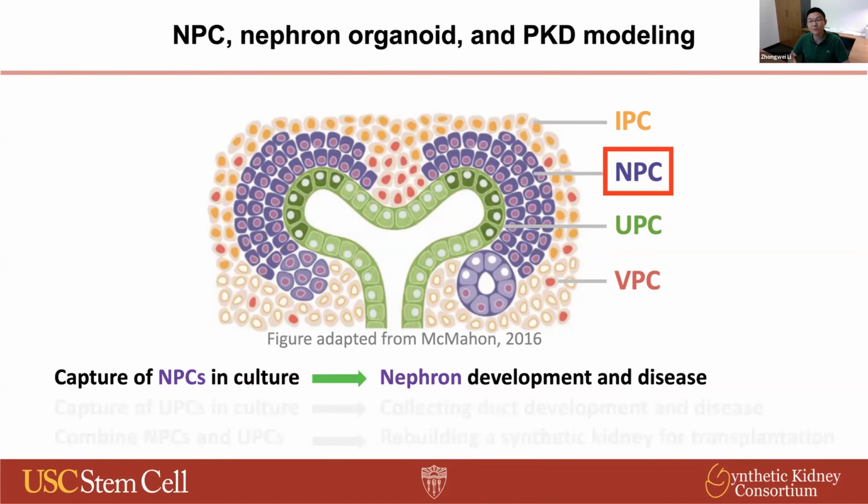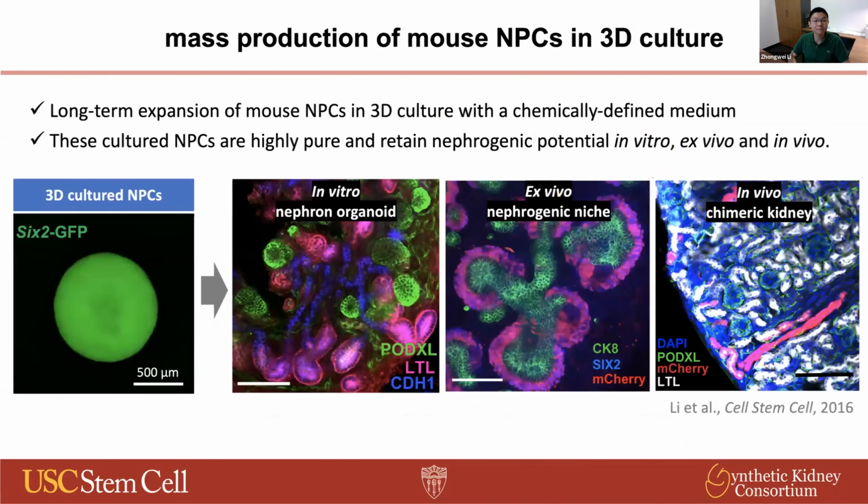I will first introduce our NPC system, nephron organoids, and their use for PKD modeling. Ten years ago, when I started my postdoc training at the Salk Institute with Dr. Juan Carlos Izpisua Belmonte, in the kidney regeneration field there was no way to generate any of the kidney progenitor cell types.